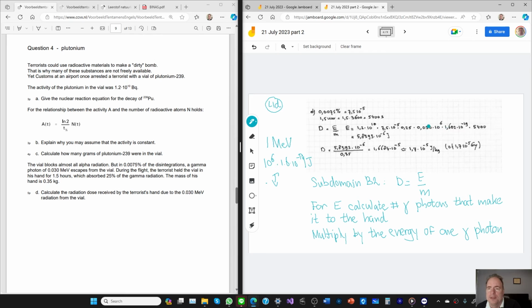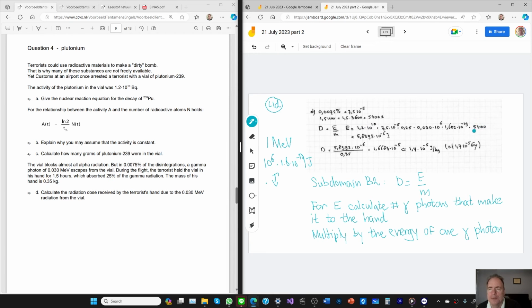So that's given here. And then we need to multiply by the time the terrorist was in the flight, which is 1.5 hours times the number of seconds per hour. And be careful with the units: you use the standard units, you don't use hours, since the radiation is given in decays per second, so we have to use seconds here too.